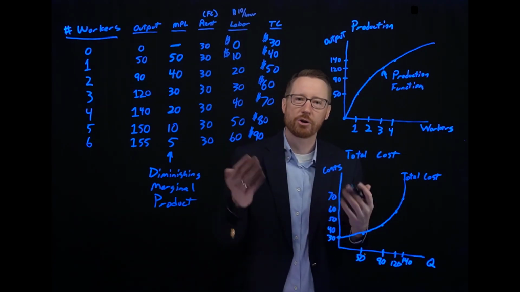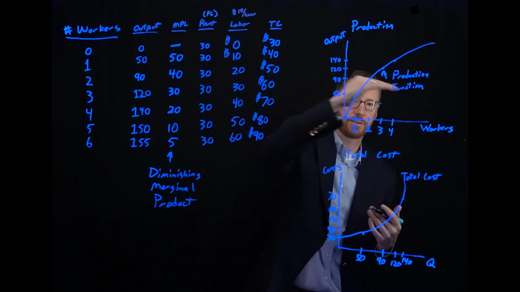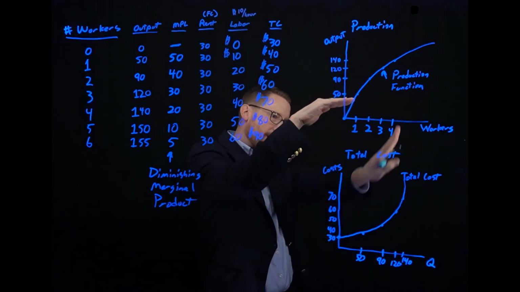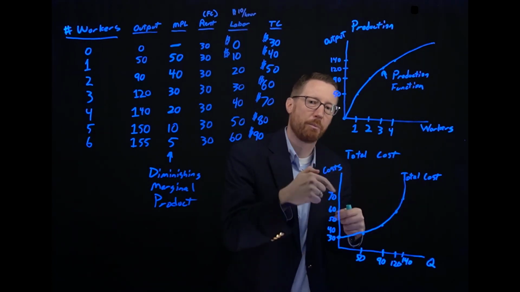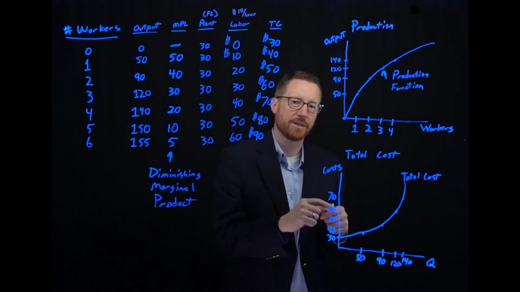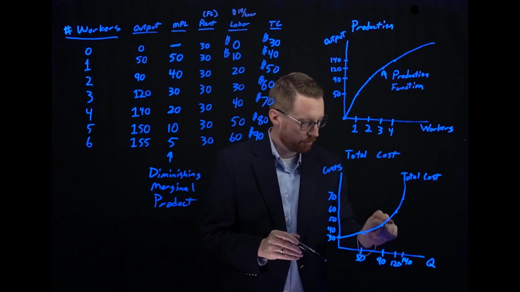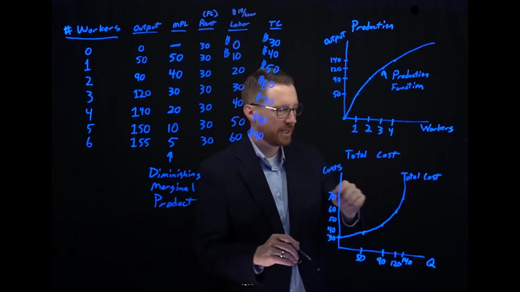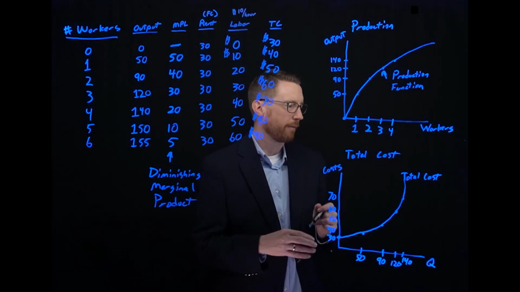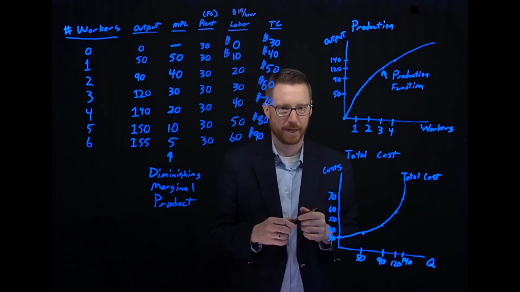So as that marginal product of labor flattens off, that means total costs are increasing. To get that next unit of output becomes more and more expensive, right? Becomes more expensive, and then more expensive, and then even more expensive. And you see this total cost curve take off almost exponentially.